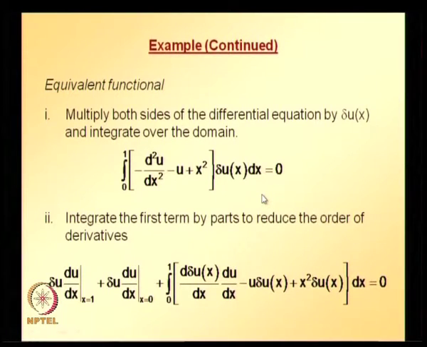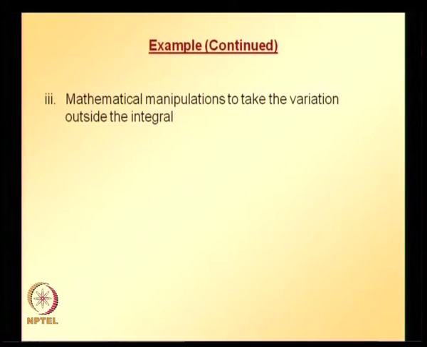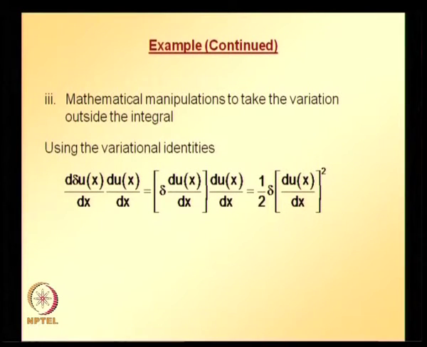One of them is that the variation of u evaluated at x equal to 0 is 0. The first two terms we can simplify using some mathematical manipulations, and we will be using some variational identities here.